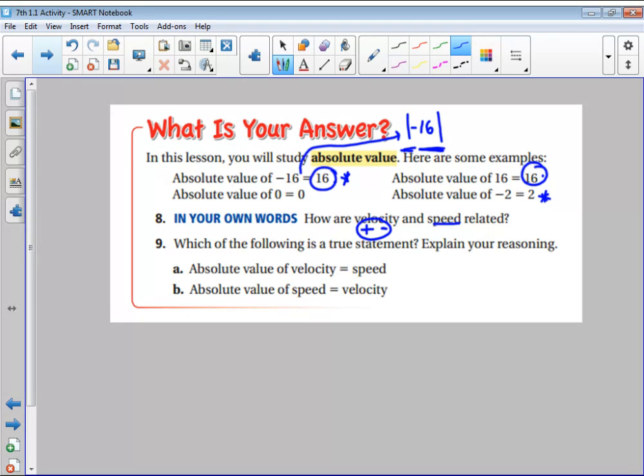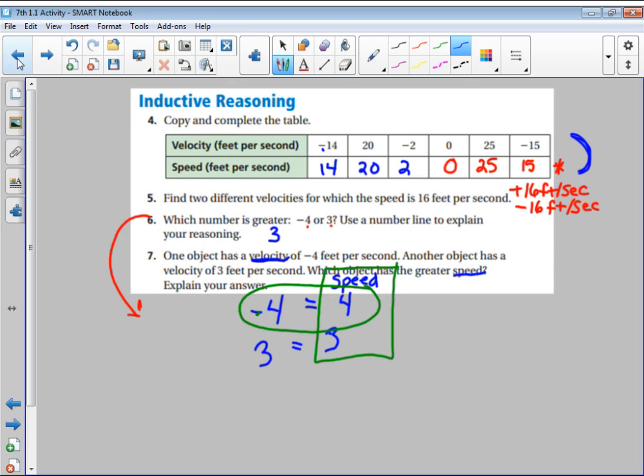So I'm going to jump back to my previous slide because that's going to help me maybe with the visual. So the absolute value, so I'm going to use that symbol, of velocity. So remember, this is my velocity right here. This is my velocity column. Equals the speed. So if I gave the absolute value of negative 14, did that give me the answer of the speed of 14?